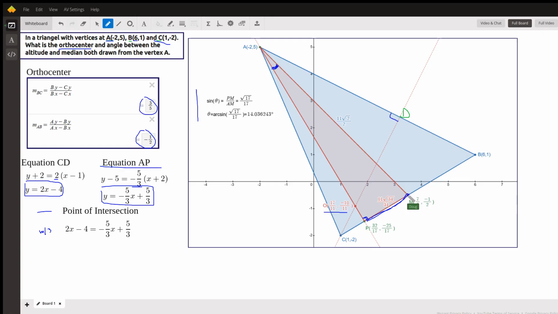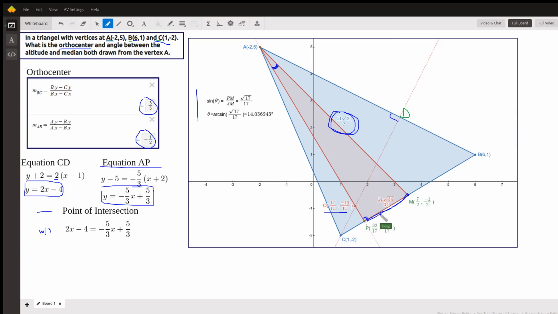To find the distances between these points, like from A to M, you use the distance formula. So this distance right here is the square root of the change in x squared plus the change in y squared. And if you simplify it all out, that's what you get for the length of that hypotenuse.